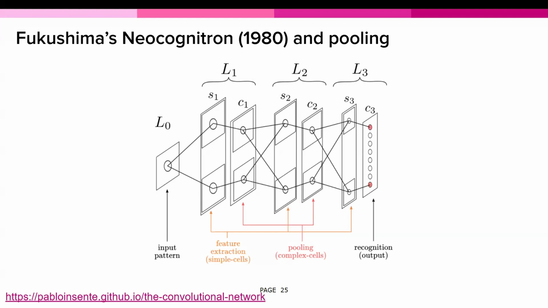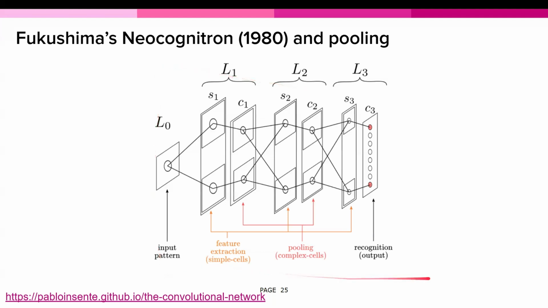He was inspired by Hubel and Wiesel's discoveries and created a network that implemented both simple cells and complex cells, and layered them to form a hierarchy capable of pretty complex feature detection. The model laid the essential groundwork for modern convolutional neural networks.